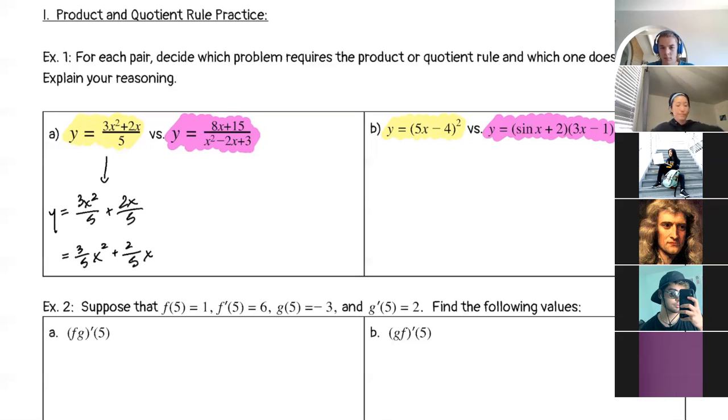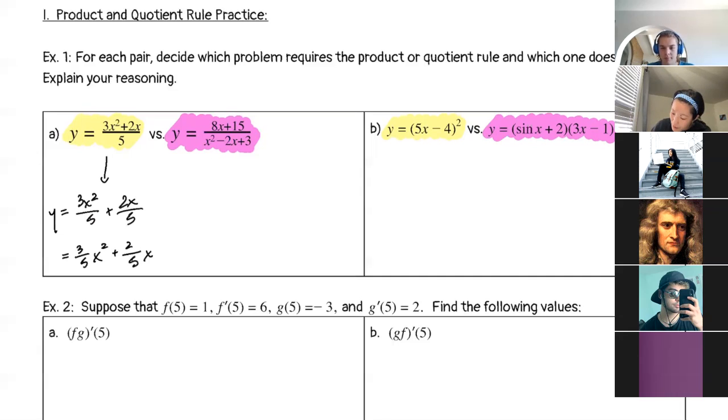So pink or yellow, which one do you think requires us to use the product rule? Ready, set, go.